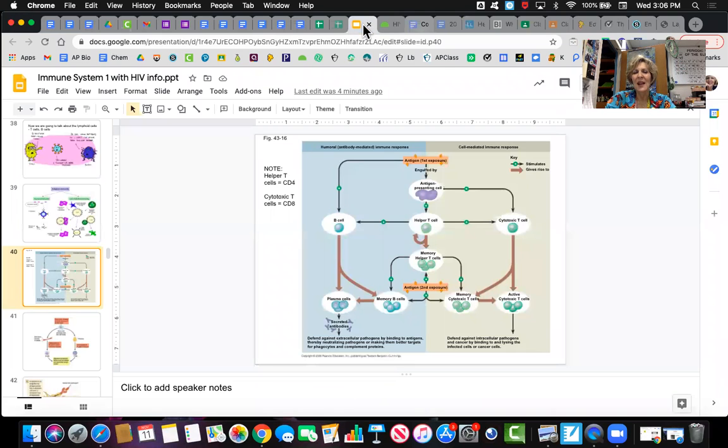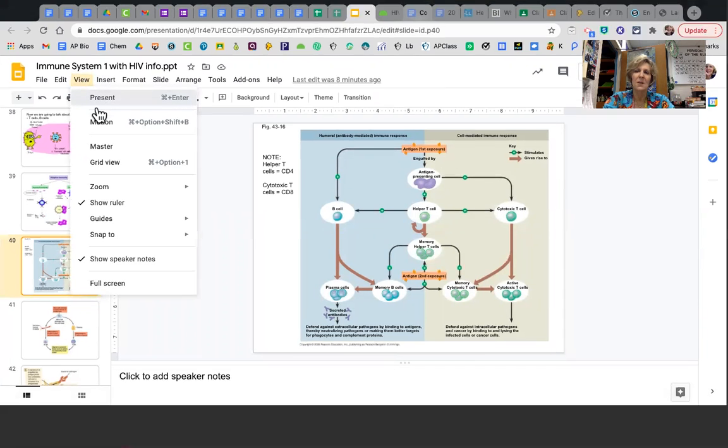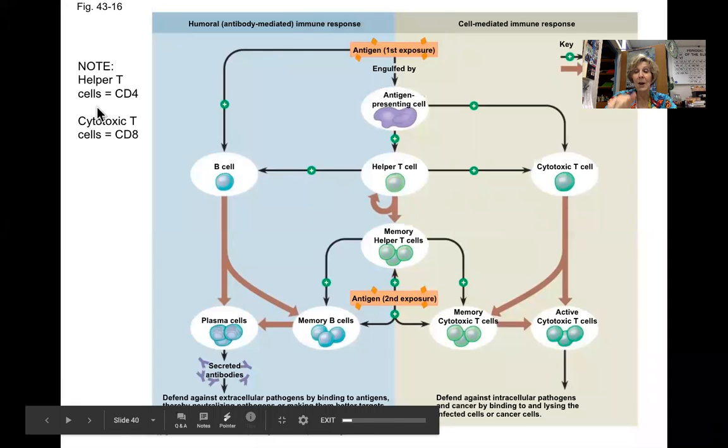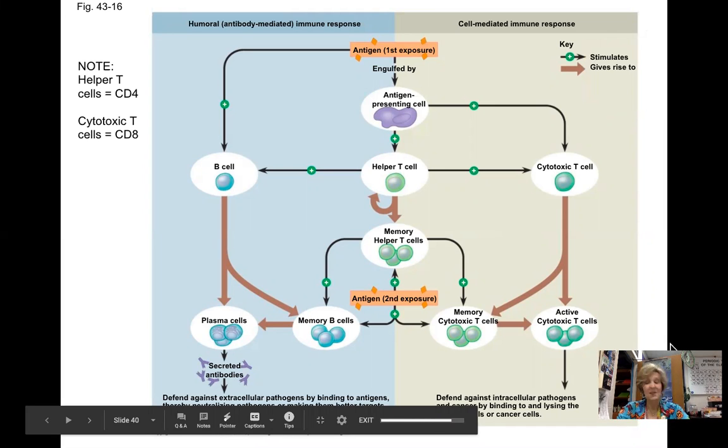So when I last was with you guys, we talked about the barrier defenses, and then we talked about the inflammatory response, which is part of the innate immune system reaction.